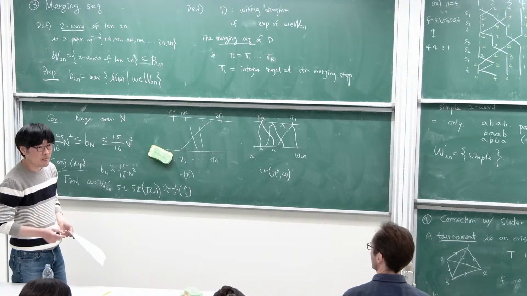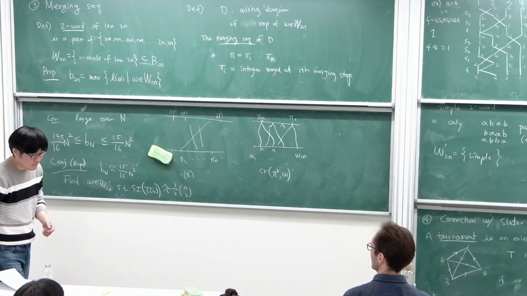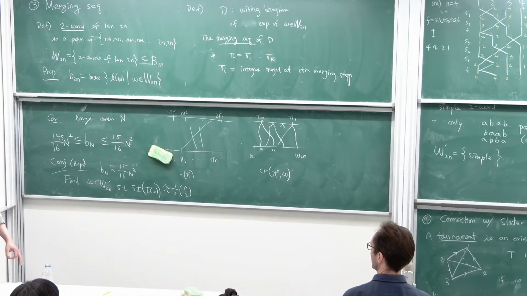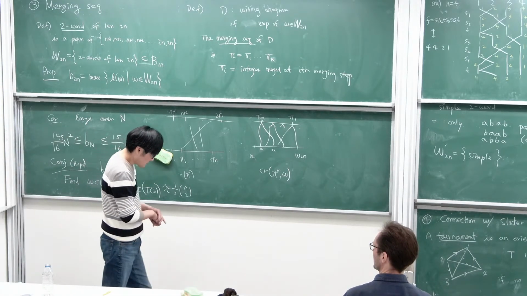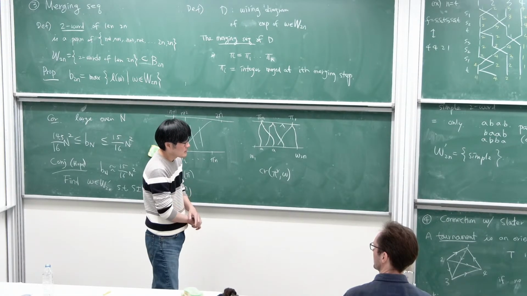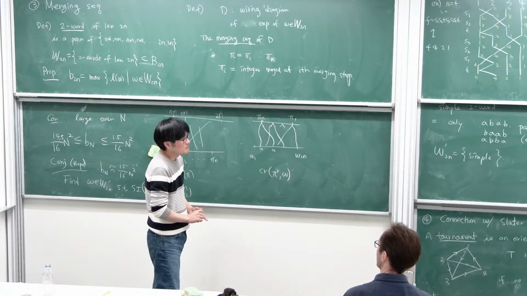Slightly related to this question, in the case of Sn, an important part is the Coxeter relations. Do you have something similar in this? We haven't. I think all reduced words in Sn are equivalent via the braid relations. Do you have something similar to braid relations here?